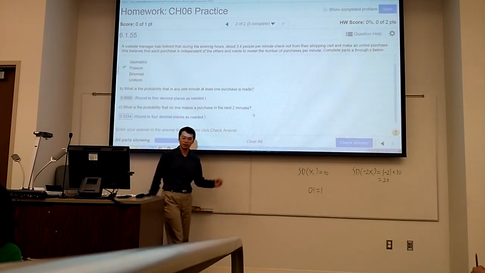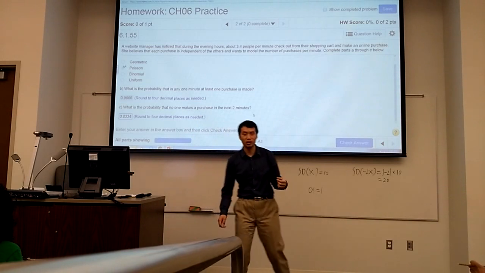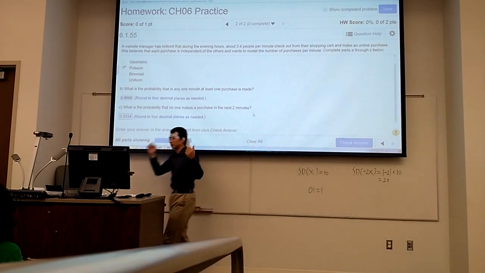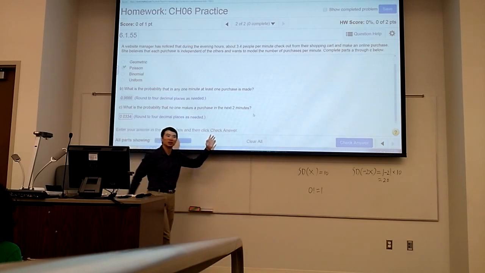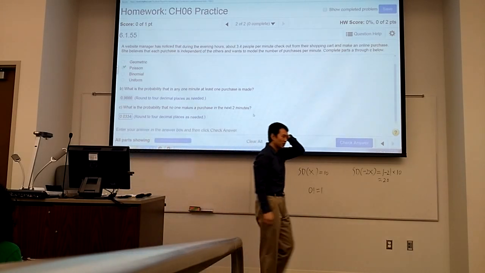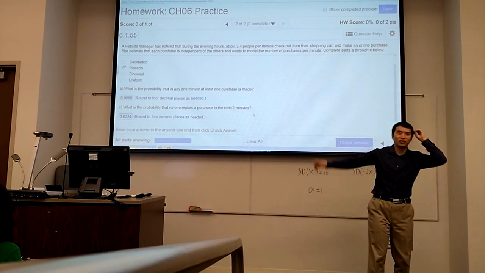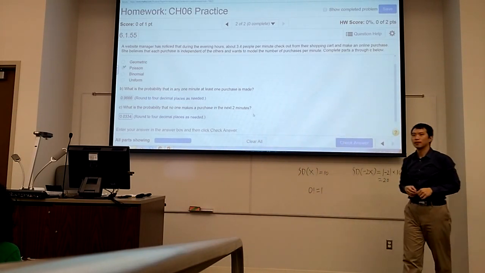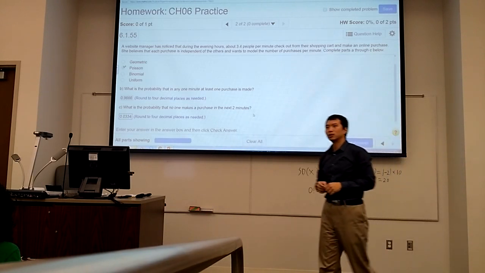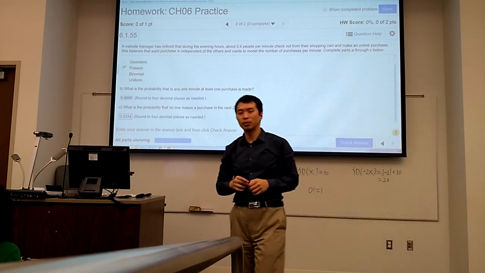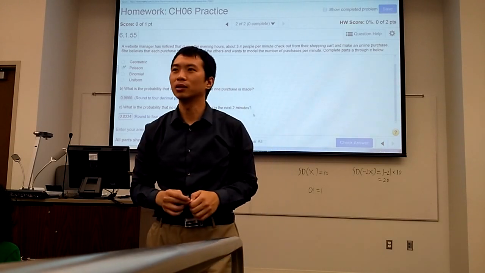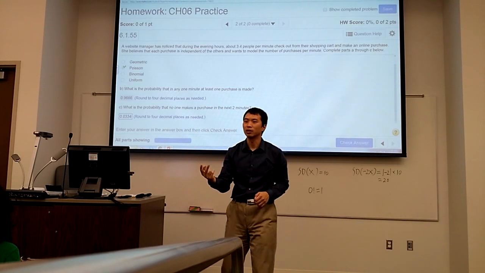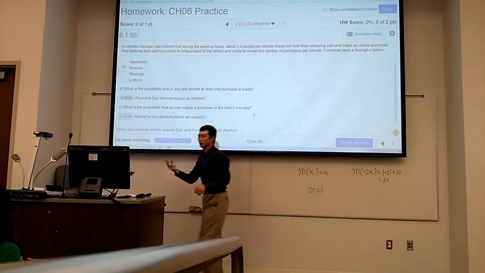Let's read this question again with the information we have. I said this question is a little bit tricky. What is the information we have from the description? 3.4 people per minute, right? And what is the question asking? 2 minutes. So what would be the mean? 6.8.